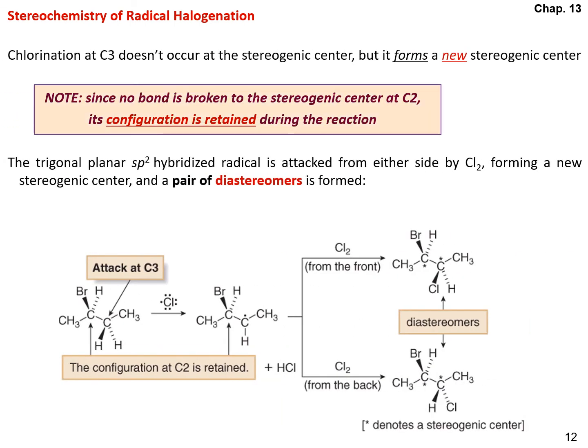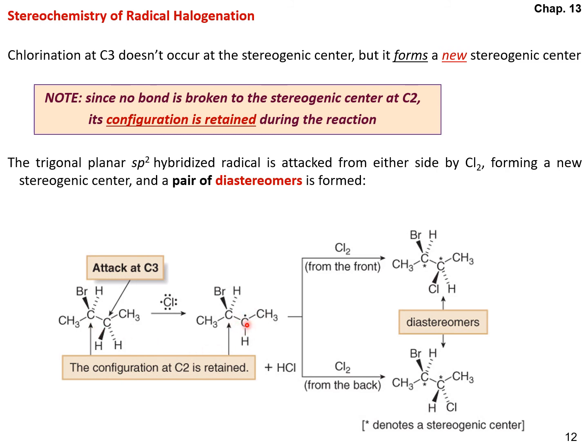When you perform chlorination at C3 of R-2-bromobutane, you've not destroyed the asymmetric center, but you are generating a new stereocenter. So there are still stereochemical implications of this reaction. Notice, when I remove a hydrogen atom off of C3, the configuration at C2 is retained.